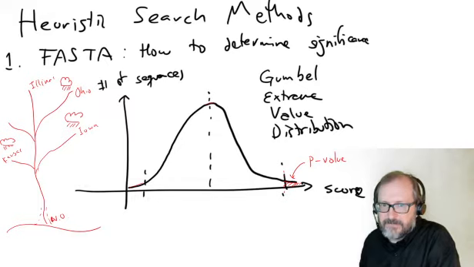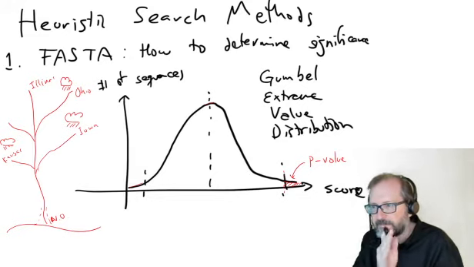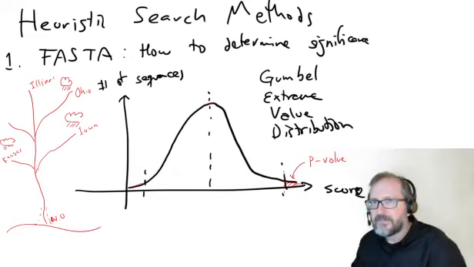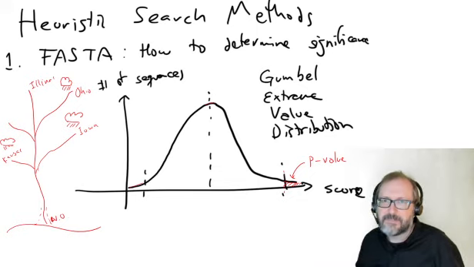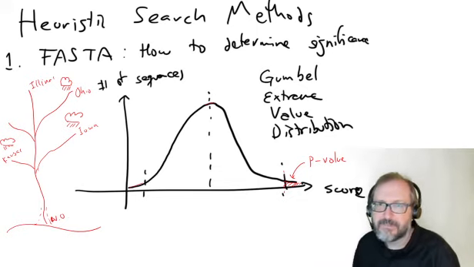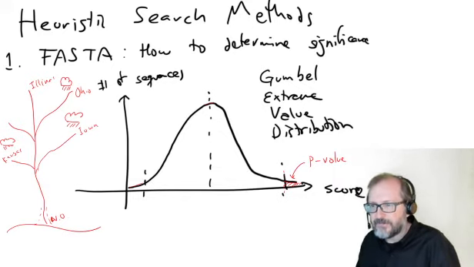And so this is very analogous to the problem of flooding in New Orleans, in that you had to have a certain number of extreme events happening before this bigger downstream event could be said to exist, right? So the Gumbel extreme value distribution is what you're going to use to calculate your p-value, or the significance of a given match score.